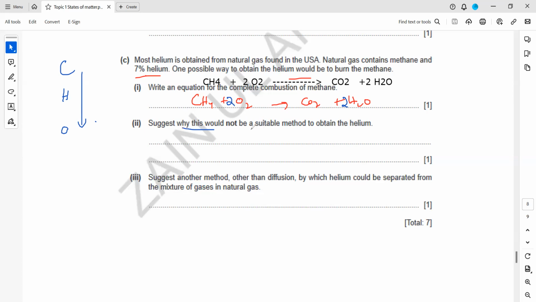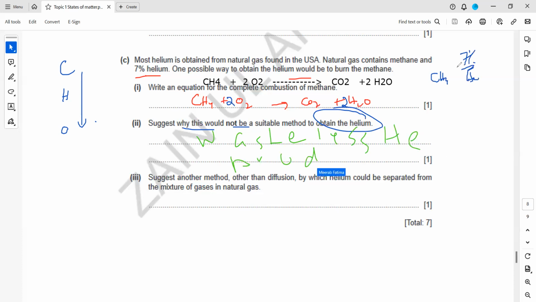Suggest why this would not be a suitable method of obtaining helium. As you can see, methane is there along with helium. So why is this not a suitable technique?